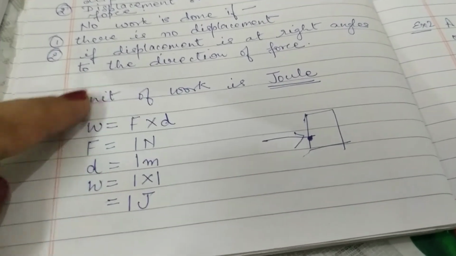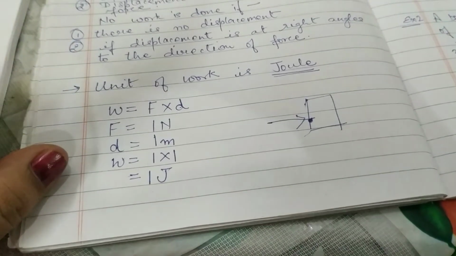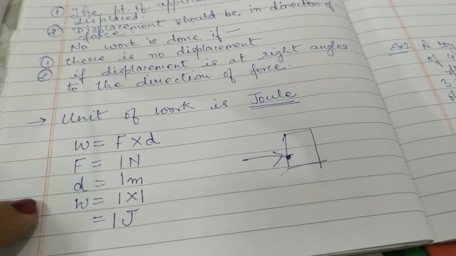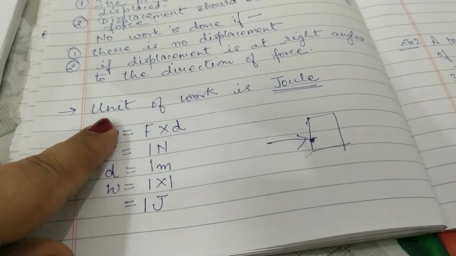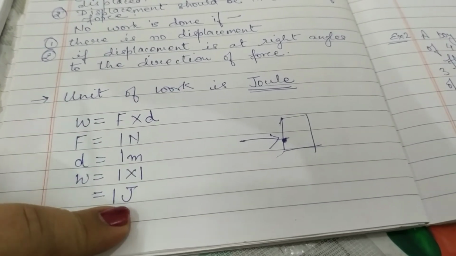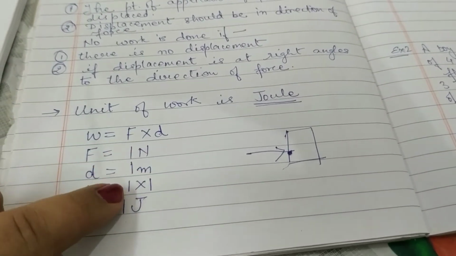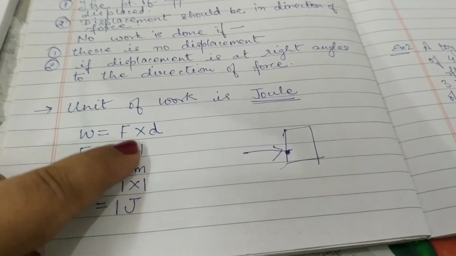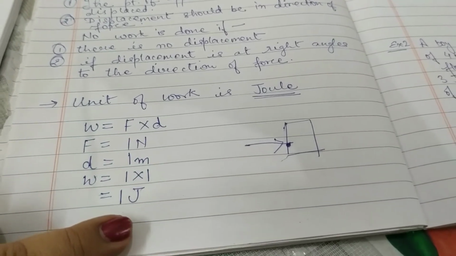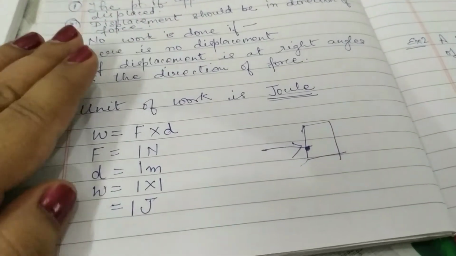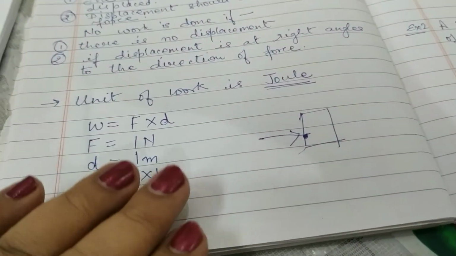And in the direction of the force, you have to keep in mind this. Always say that in the direction of force. So how do you define 1 joule? When 1 Newton of force displaces an object through 1 meter in the direction of force.